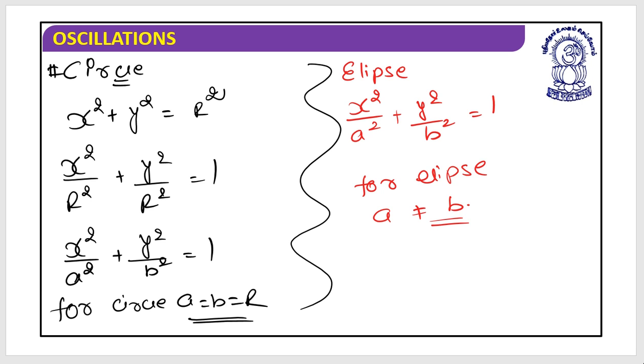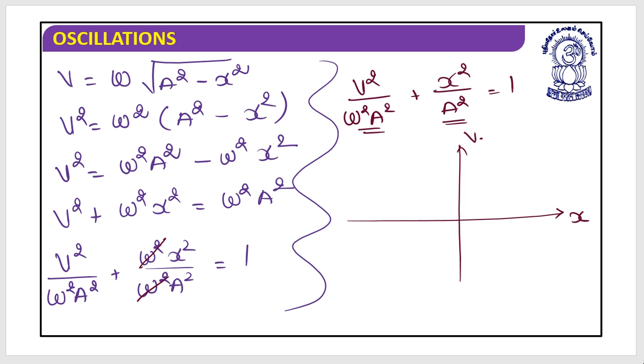So this is the ellipse. Look at this: v² has been divided by A²ω², and x² has been divided by A². So it may be represented like this.